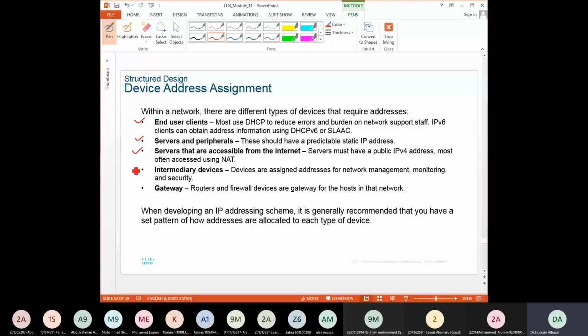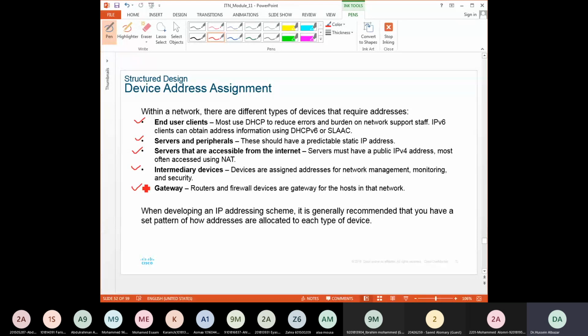Most networks use DHCP, Dynamic Host Configuration Protocol, to reduce the errors and the network support requirement and maintenance. What type of address will be used here? Private IPv4 addresses for network clients, end users.